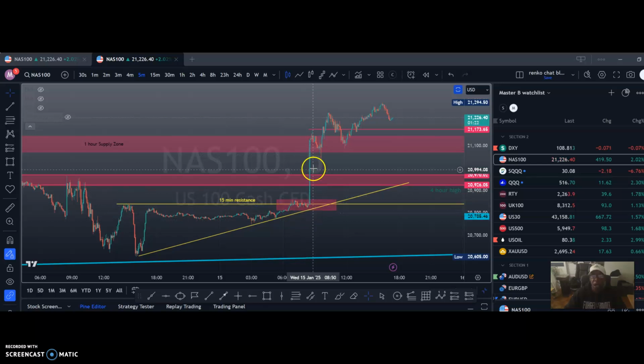Now, when she goes up into the supply zone, she puts the brakes on and does a correction, okay? This correction retested the 1-hour supply zone. Once she didn't break below here, that is your trade northbound.